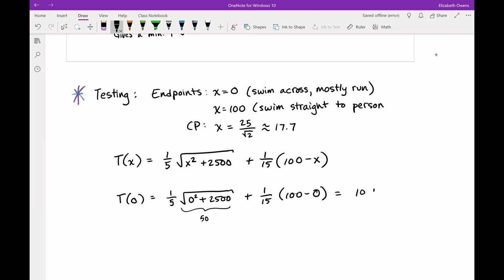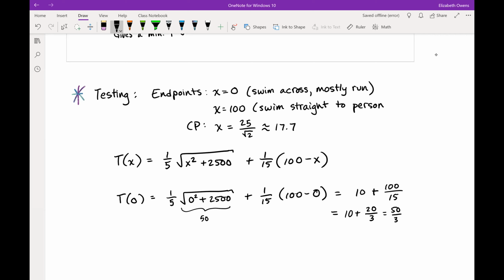So that would be 10 when we do 50 times 1/5, and then plus 100 over 15. And so t of 0 would equal 10 plus 20/3, which equals 50/3.